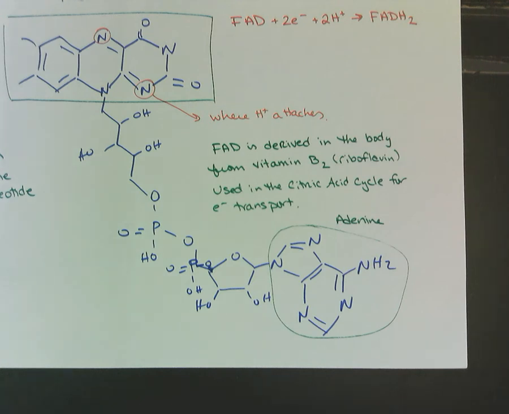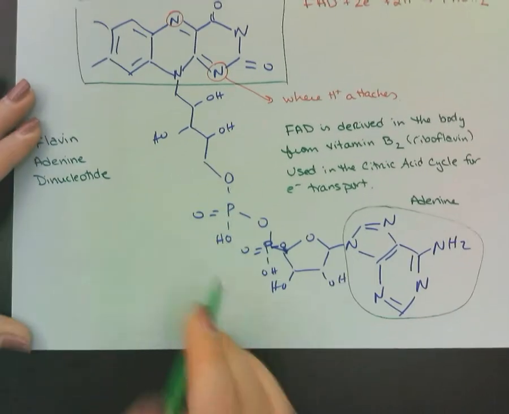All right, so mostly used in the citric acid cycle is where we're going to see it. And the unique thing about this is that it can donate 1 or 2 electrons at a time.